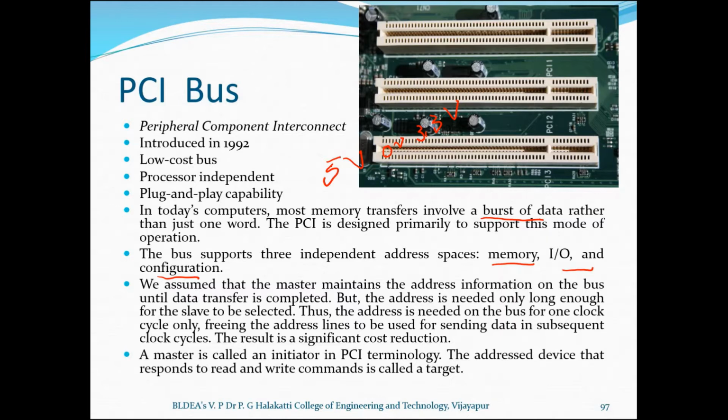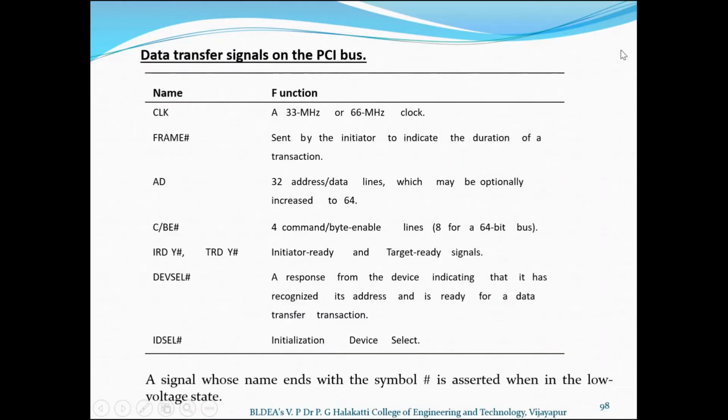Now, let us have a look at the data transfer signals on the PCI bus which are being used. In this table I have given here, as you can see, the clock's function is to generate a frequency of 33 megahertz to 66 megahertz.